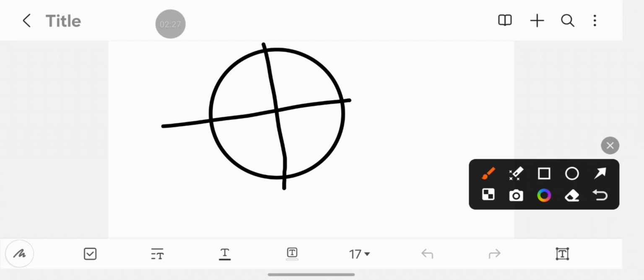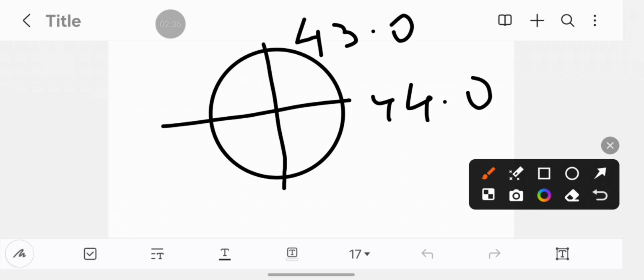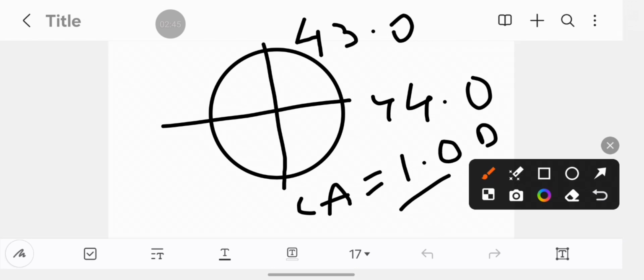Suppose in the vertical meridian the refractive power is 43.0 diopter and in the horizontal it is 44.0 diopter. So the amount of corneal astigmatism is 1.0 diopter. This is corneal astigmatism.